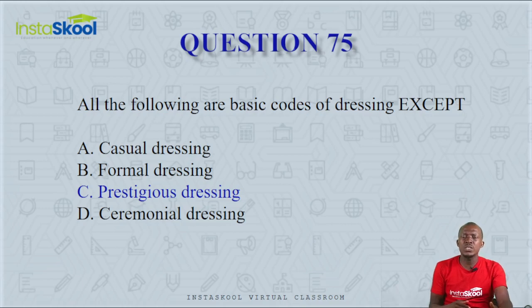Formal dressing is the dressing for a formal or office environment, while ceremonial dressing is the dressing for special occasions. But there is no regular basic code of dressing that is called prestigious dressing. So option C is the odd option, prestigious dressing.